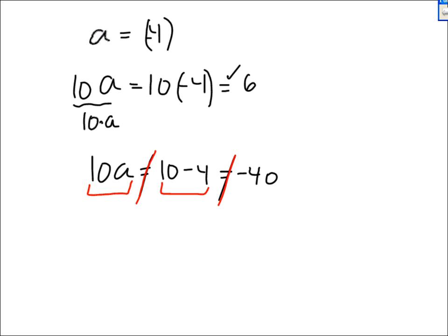And you know what? 10 minus 4, which is 6, is not negative 40. His equal sign is not correct. Not in the least. 10 minus 4 does not equal negative 40. I mean, let's be honest. This says 10 minus 4. You have to put brackets. Okay, you have to put brackets.